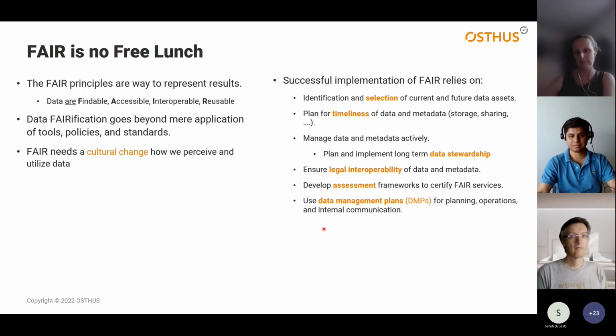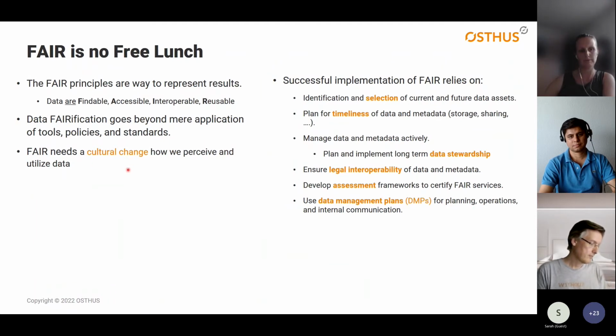Then the next one: you have to assess, of course, if you are moving towards FAIR, because it doesn't really help if you just go on and never know if you're actually moving in the right direction. So-called data management plans can then actually build up a kind of data-driven organization, so that you also internally communicate to all the stakeholders that you want to take part in the cultural change.